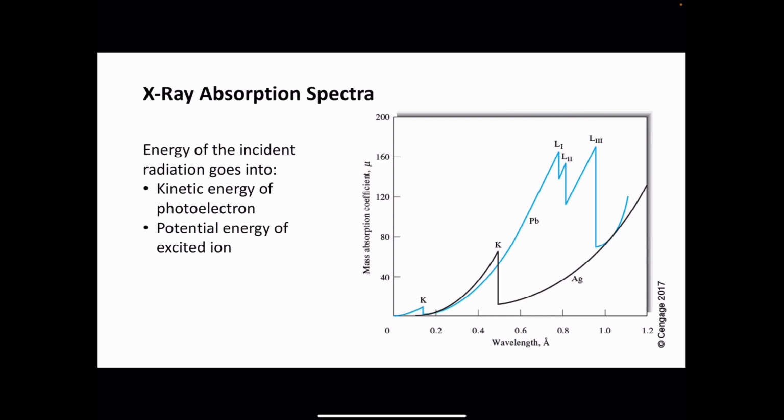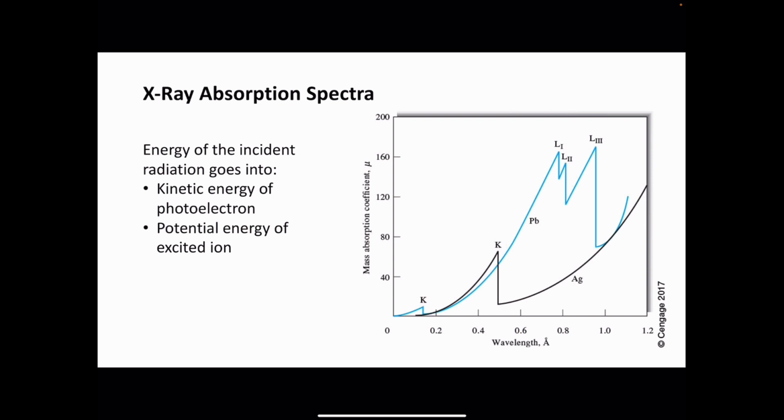Now, the energy of the incident radiation goes into two things: the kinetic energy of the photoelectron, as well as the potential energy of the excited ion. The highest probability for absorption occurs when the photon energy is equal to the energy required to remove a K-level electron, so the closest to the nucleus, and in other words, the kinetic energy of the photoelectron approaches zero.